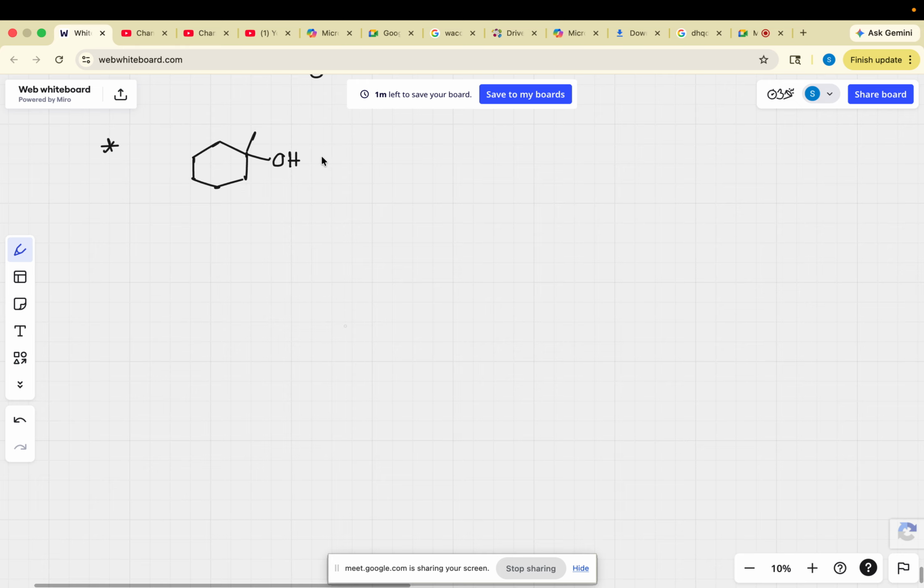Thank you. Now suppose you have this PCC. Again see, this OH is attached to how many carbon centers? 1, 2, 3. So this is a tertiary alcohol. If you treat this tertiary alcohol with PCC, you will get no reaction.